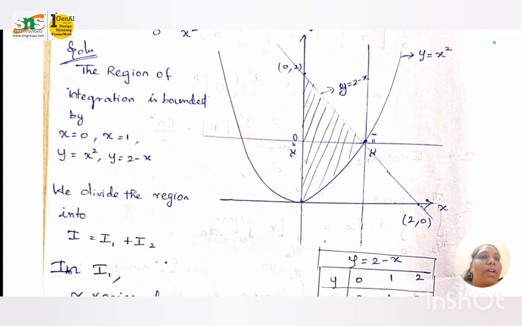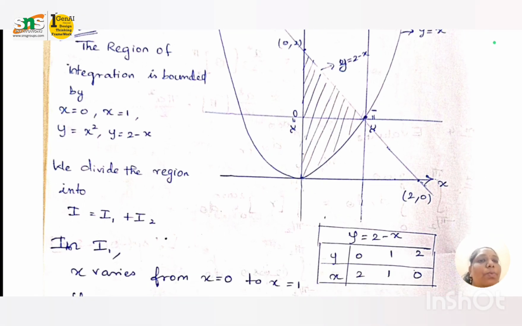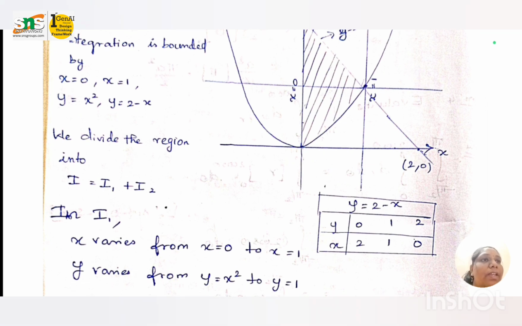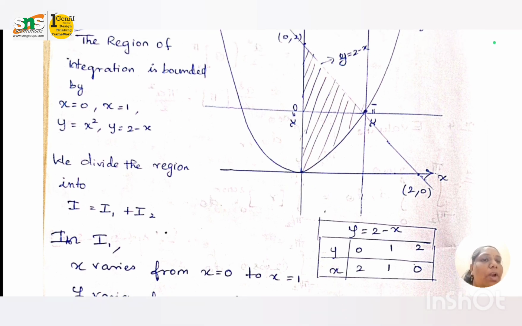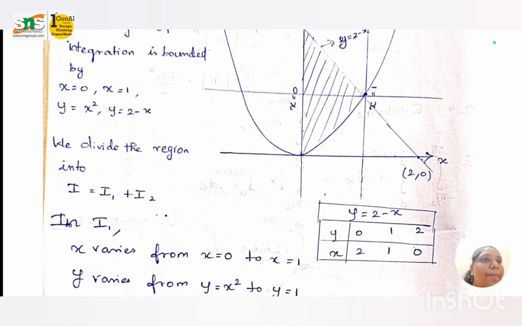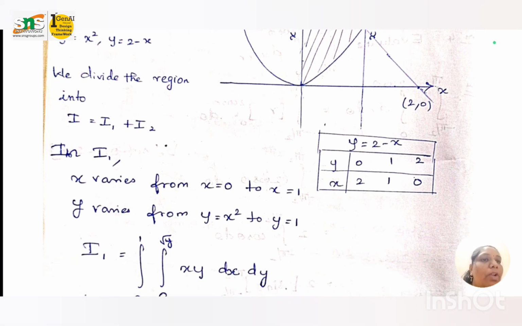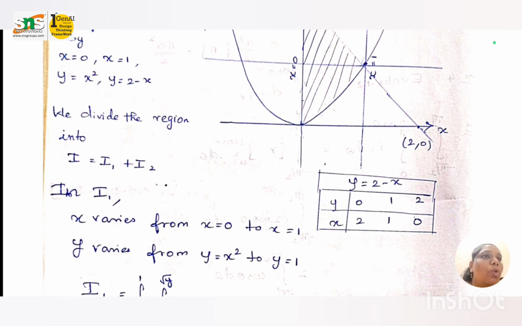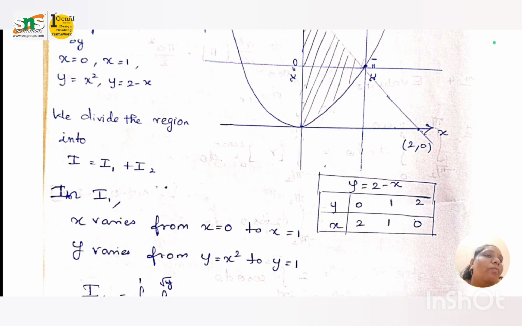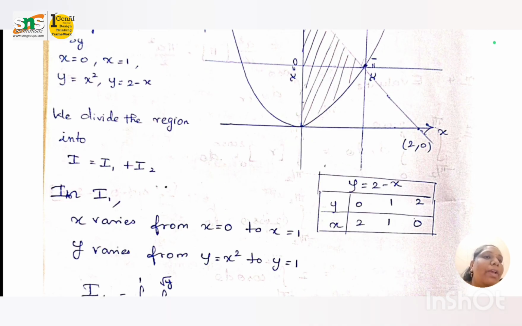So in this we are dividing the region I equal to I1 plus I2. For I1, x varies from 0 to 1 and y varies from the parabola to the line. The equation of the parabola is y equal to x squared, and y touches the line at 1, so y equal to 1.